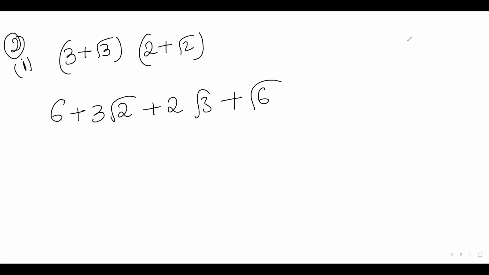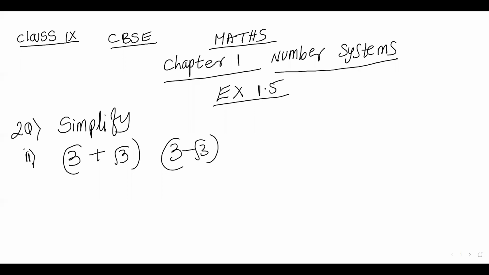Let us go to the second bit. The next bit is 3 plus root 3 into 3 minus root 3. So let me write the next bit in the next page.